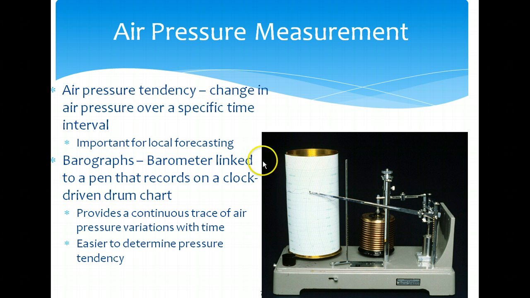This particular instrument is called a barograph, and it provides a continuous trace of air pressure variations with time, and it's fairly sophisticated in terms of bringing about changes that we can see visually.